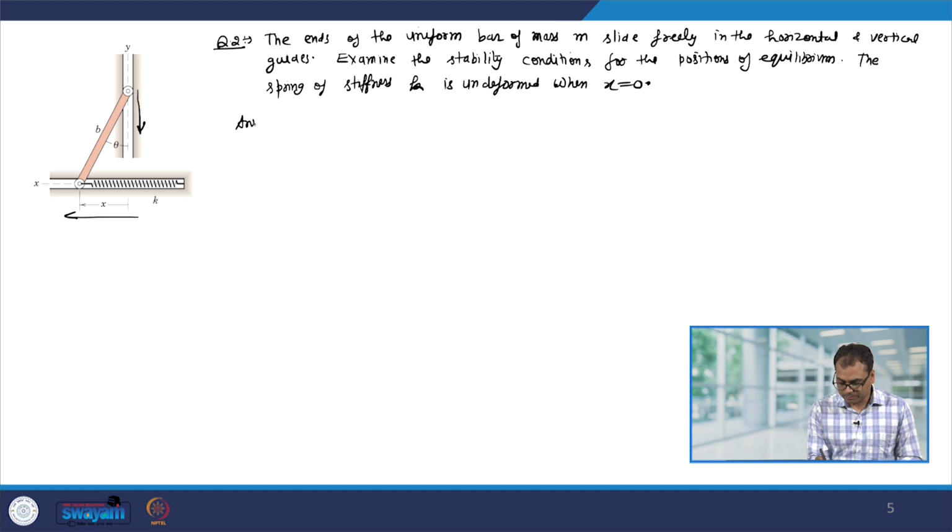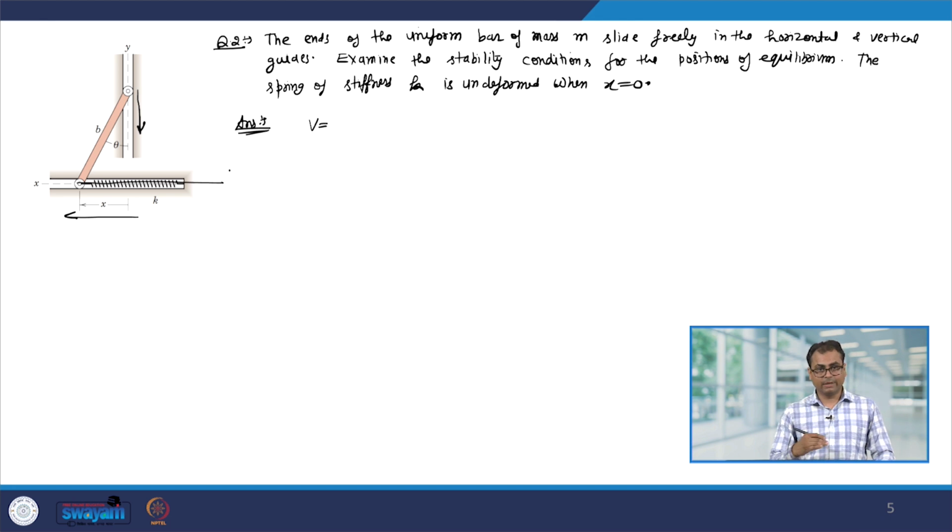So, first of all, we have to write down what is the potential energy of the system. So, the potential energy V will be, let us say I fix my axis over here. So, this is the level, and from here I am going to calculate the potential energy. Let us say this height is h.